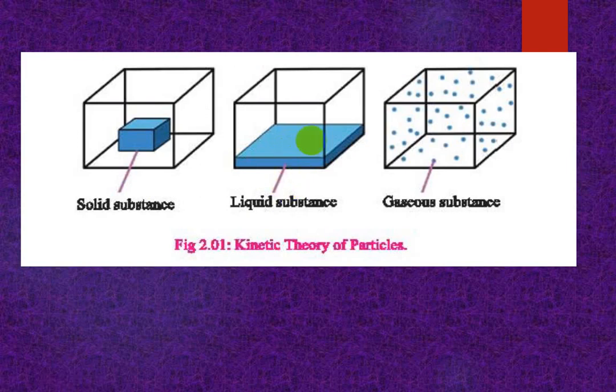Here the attraction force is less strong than in a solid, and here there is almost no force of attraction among particles, so particles move freely. So it is the gaseous state.